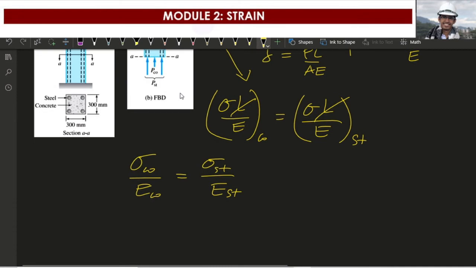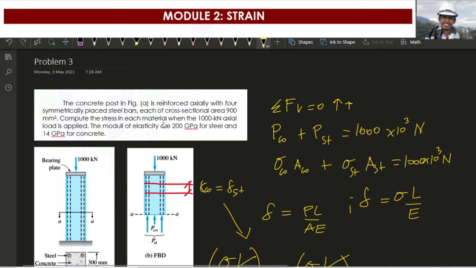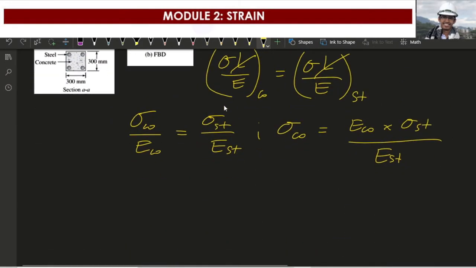So makakagawa tayo ng isa pang equation. So yung stress ng concrete natin is equal siya sa E concrete times the stress ng steel over yung E ng steel. And given yung E ng concrete and steel natin, and so for concrete that is 14 gigapascal. So for stress ng concrete is equal to yung E concrete natin, that is 14 gigapascal times yung stress ng steel over yung E ng steel, that is 200.